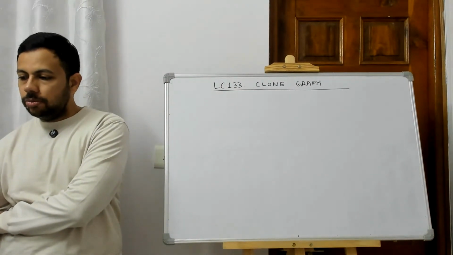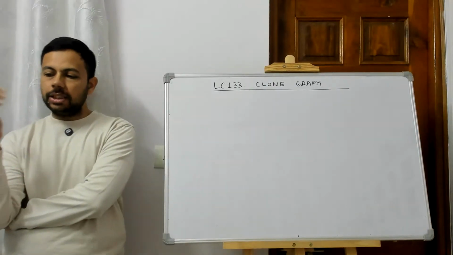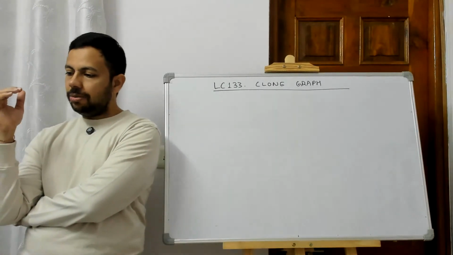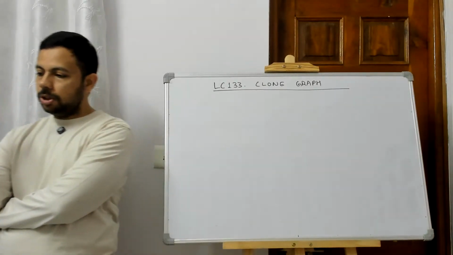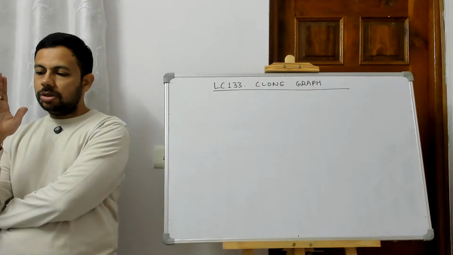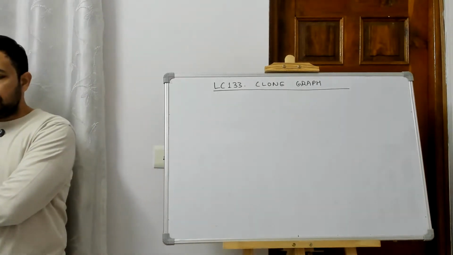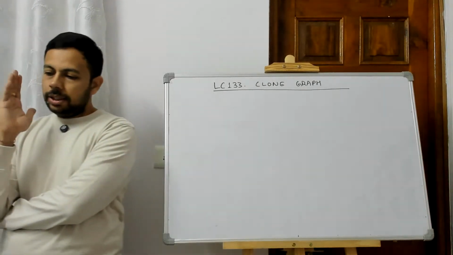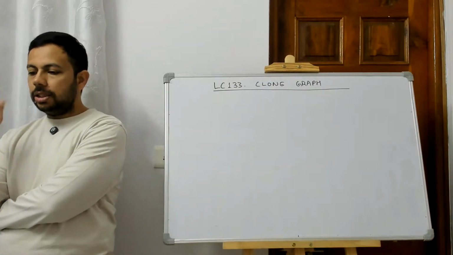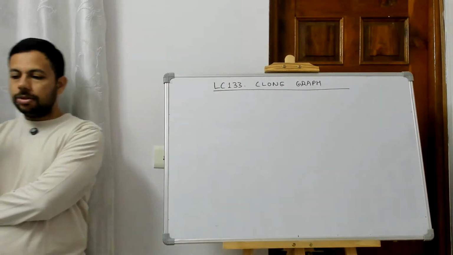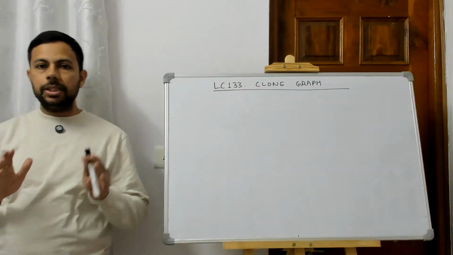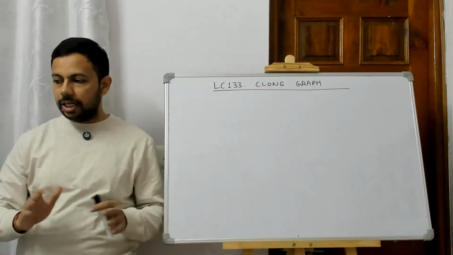So let me talk about the test case format. For simplicity, each node's value is the same as the node's index, and it is one based indexing. For example, the first node's value is 1, second node's value is 2, and so on. The graph is represented in the test case using an adjacency list. An adjacency list is a collection of unordered lists used to represent a finite graph.